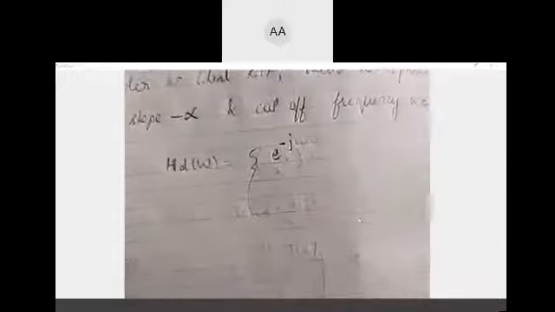It is e power minus j omega into alpha for mod of omega less than omega c, and 0 for omega c less than mod of omega less than pi.